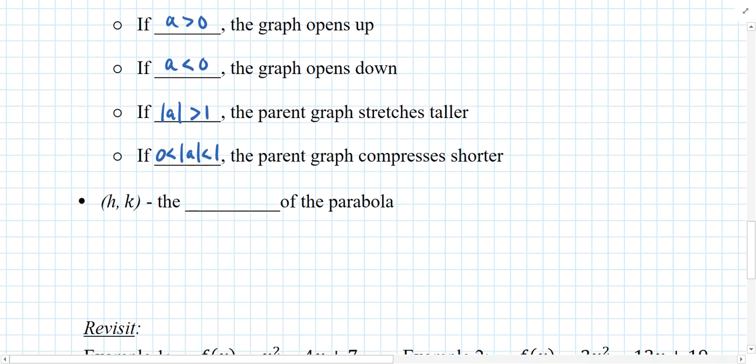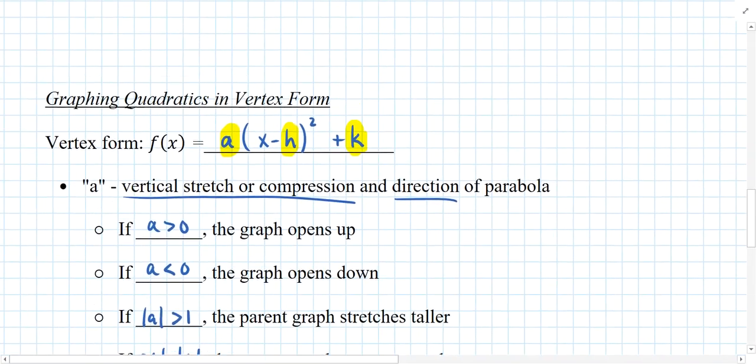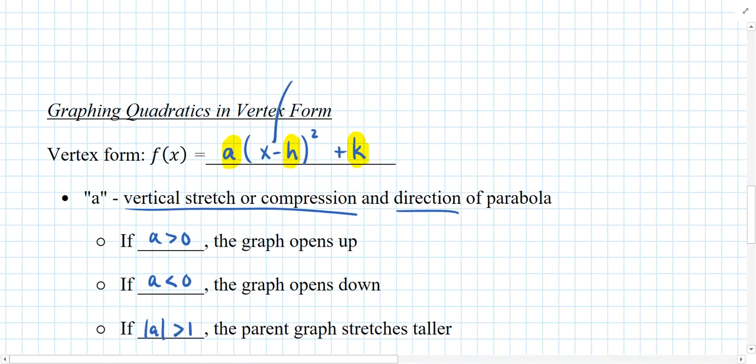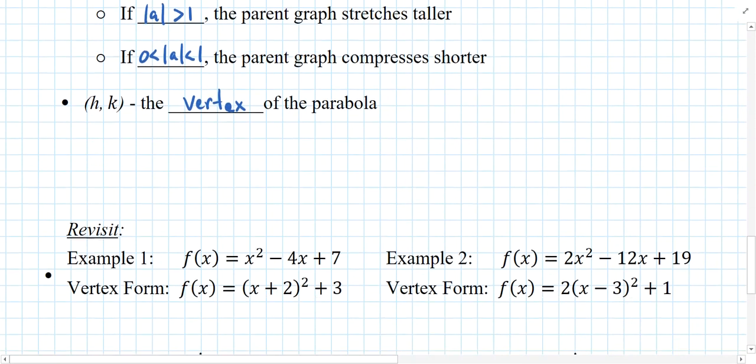The values of h and k determine the x and y coordinate of the vertex, which is the top or bottom of the parabola. Notice that in this form, the opposite of h is indicated in the function, so we will use the opposite of this number when identifying the vertex.